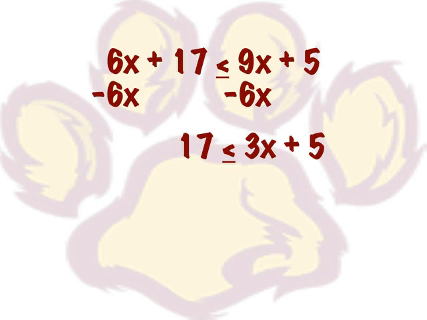So when we look at our answer right here, you can see that the open side of the inequality is towards the variable. That means in your answer, the open end of the inequality sign needs to be towards the variable as well. So our answer would be x is greater than or equal to 4.